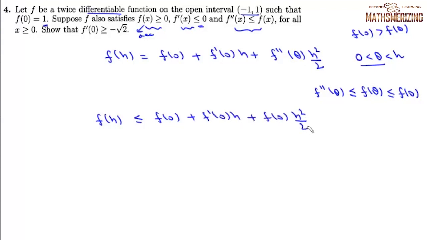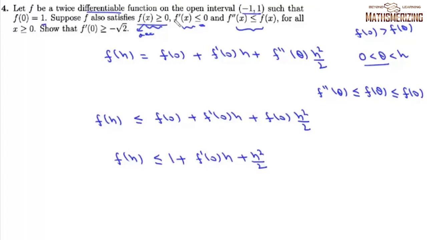Now f0 is 1, so we can write fh is less than or equal to 1 plus f dash 0 h plus h square upon 2.